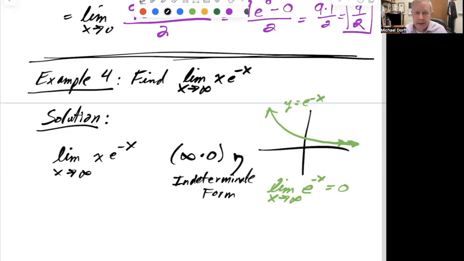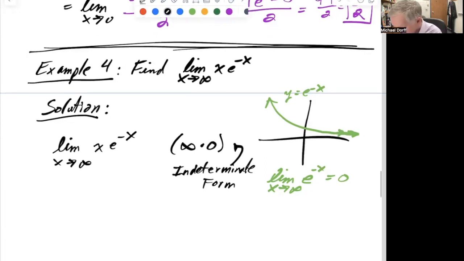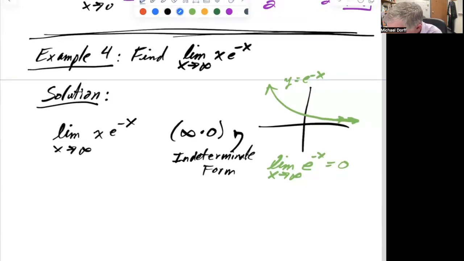So we want to rewrite this one so that we get a rational expression that has infinity over infinity or 0 over 0. So one way I could do that is, I've got two terms here. I've got x and I've got e to the negative x. I can put one of those in the denominator, all right? I could do the limit as x goes to infinity.